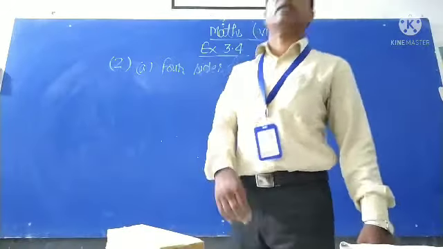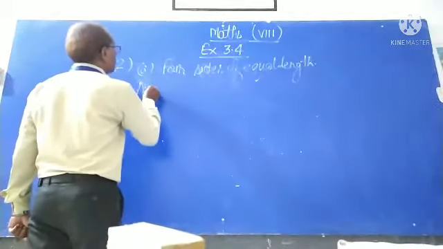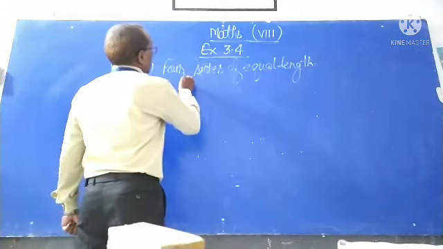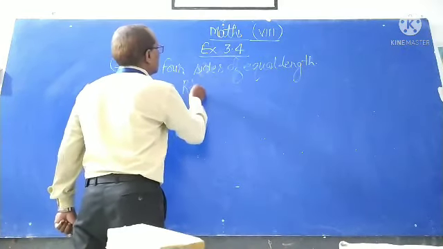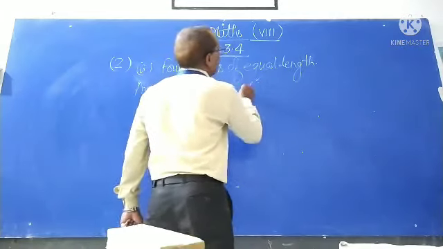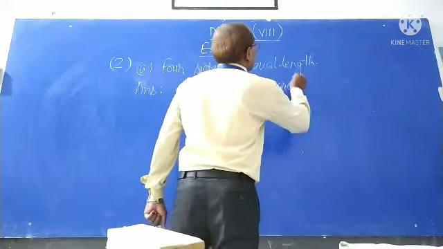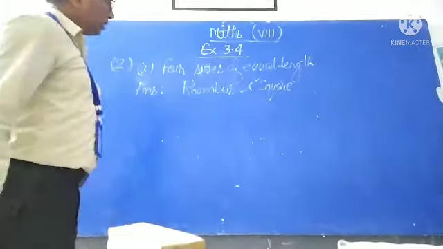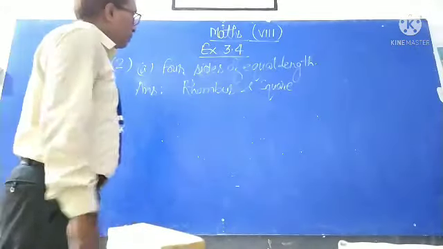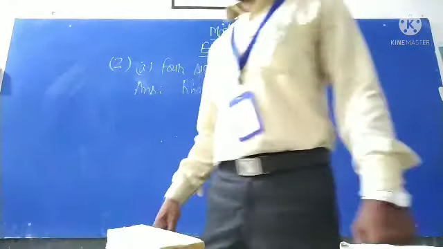Your answer is rhombus and square. Both quadrilaterals have four sides of equal length. This is right.